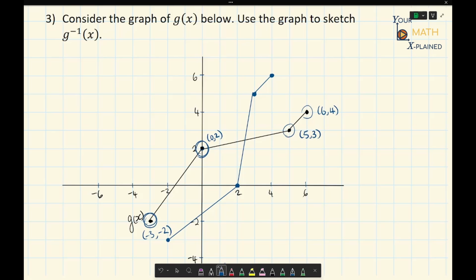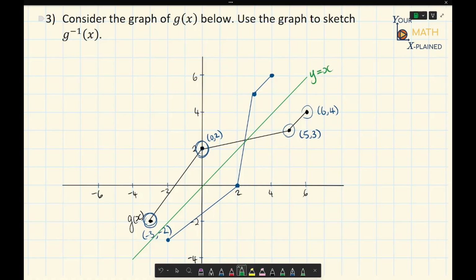So what do you actually notice about these two graphs? Well, let me go ahead and draw this diagonal line here. Okay, so this diagonal line is y is equal to x.